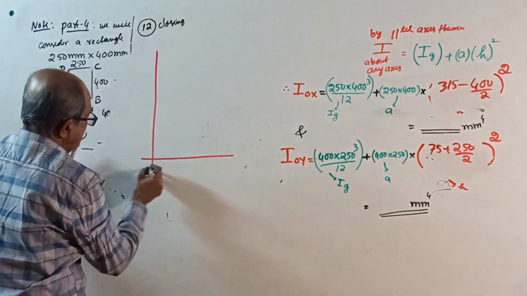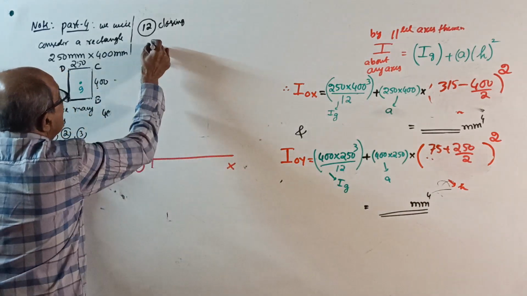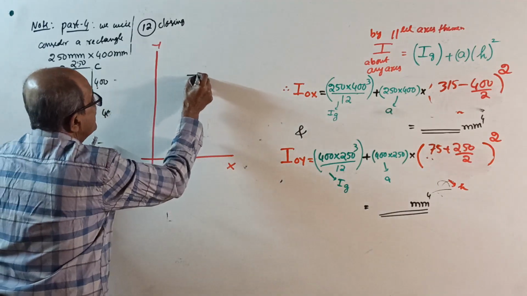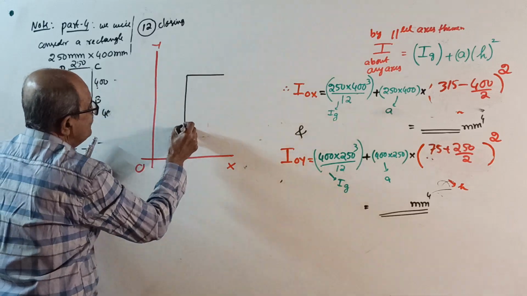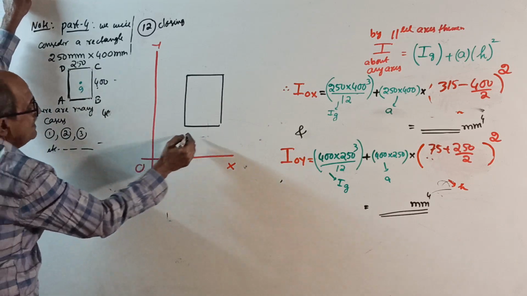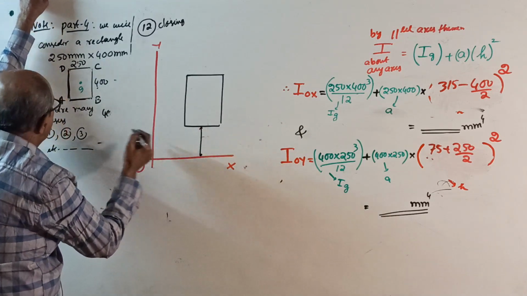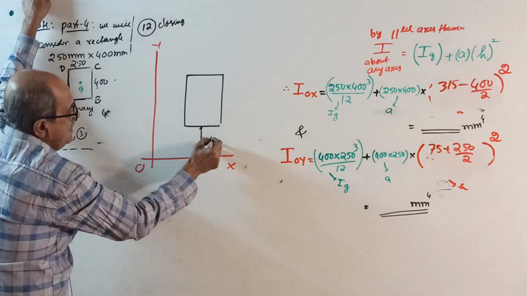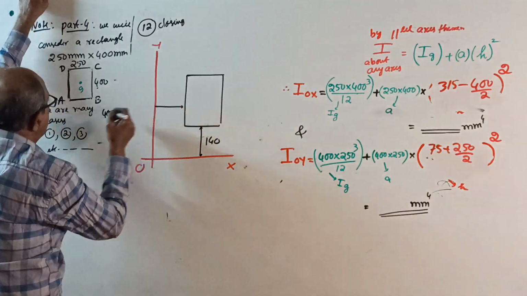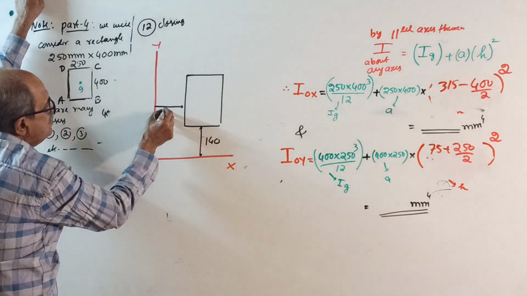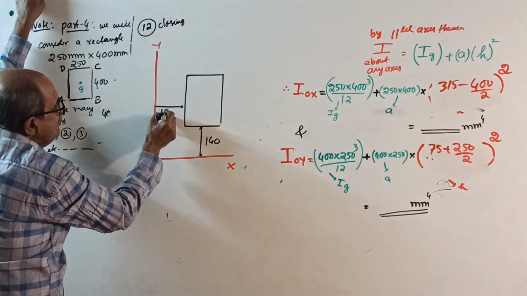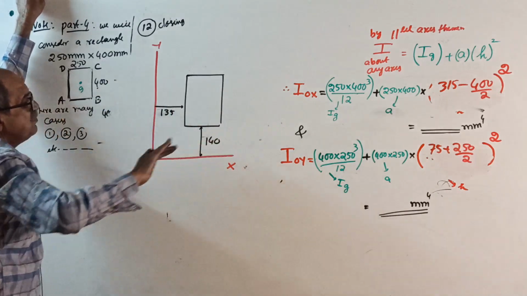Now it's a very easy question. Take X and Y axes. This rectangle is placed somewhere here, so that it is placed 140 mm above OX and 135 mm to the right of OY.